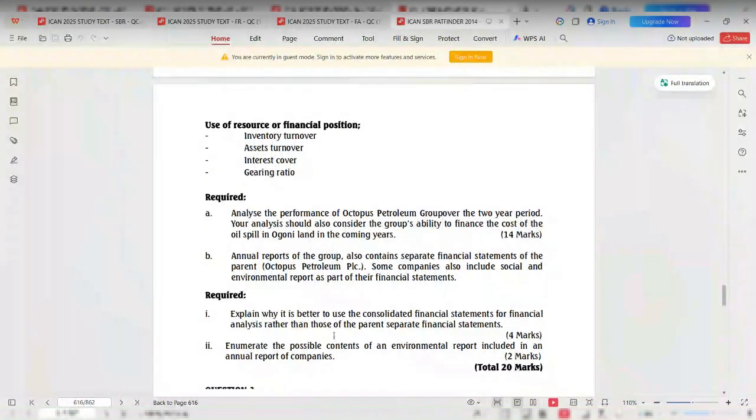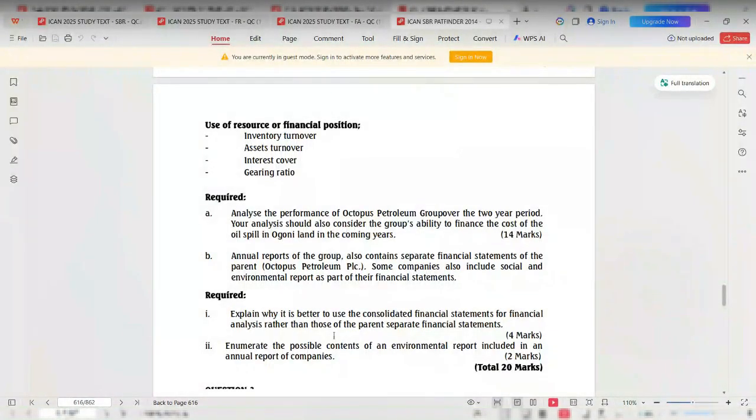Thank you. So enumerate the possible content of an environmental report included in an annual report of a company. You see, that is another beauty of you coming to class. This question about sustainability reporting is another chapter, but we are going to see how we can cover it together.